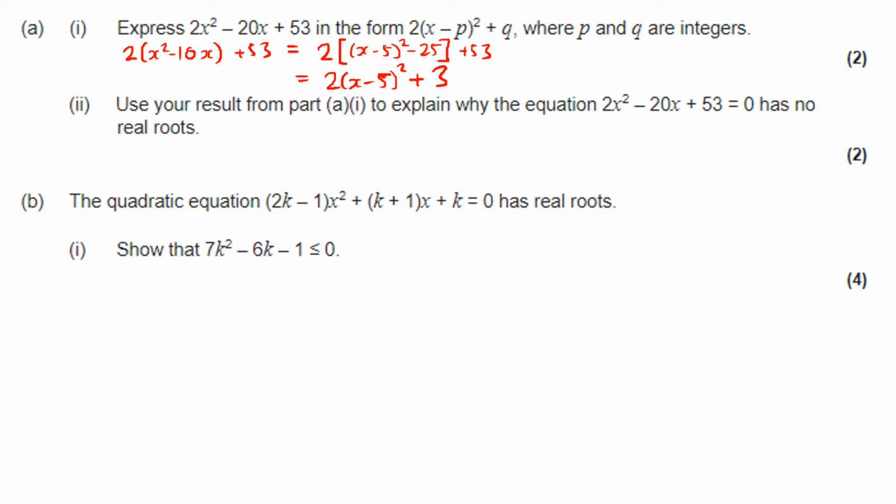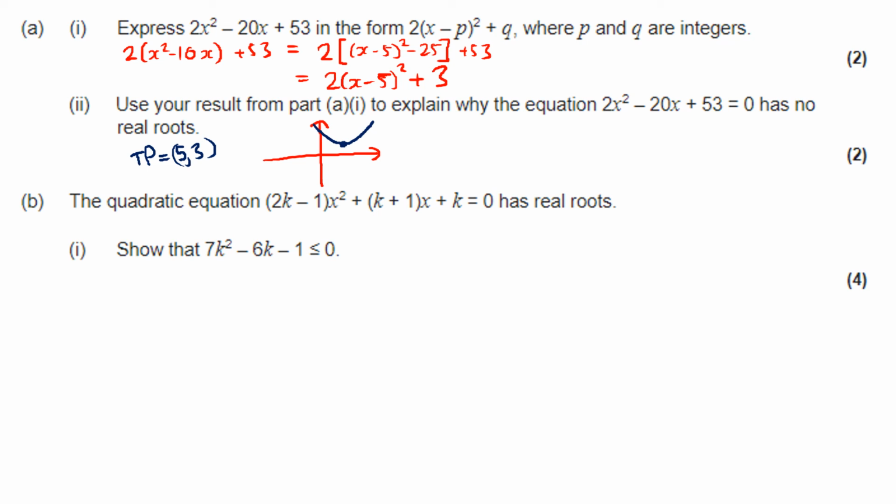Now, use your result to explain why this has no real roots. So it's not asking you to use the discriminant here, it's asking you to think about the sketch. And what we've got here is a quadratic, obviously, with a turning point of 5, 3, based on that. So if we go down to 5 across to 3, then our positive quadratic would look something like that.